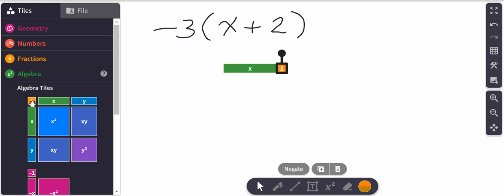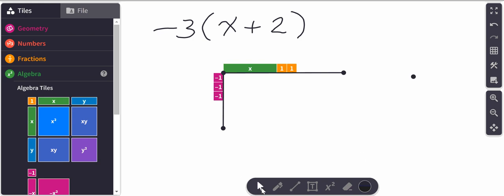Now, a little bit harder to think in terms of negative 3 times that. So negative 3 times x, what's actually going to happen, and I'm actually going to show this in a different way. So I'm going to put my negative 3 there. I'm going to almost make this into a little bit of a multiplication table right here.